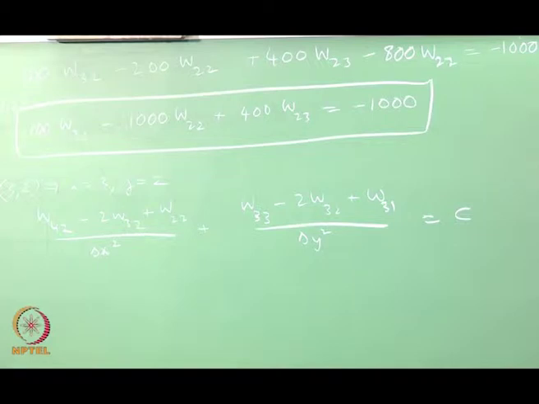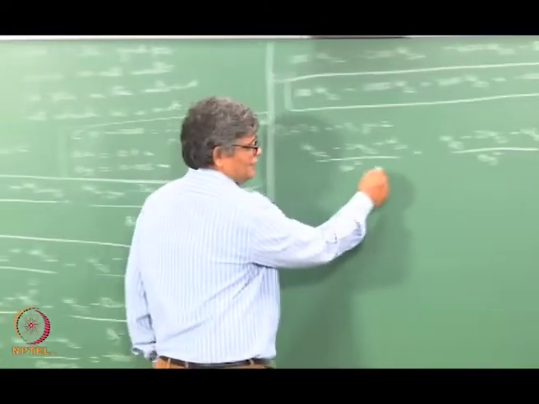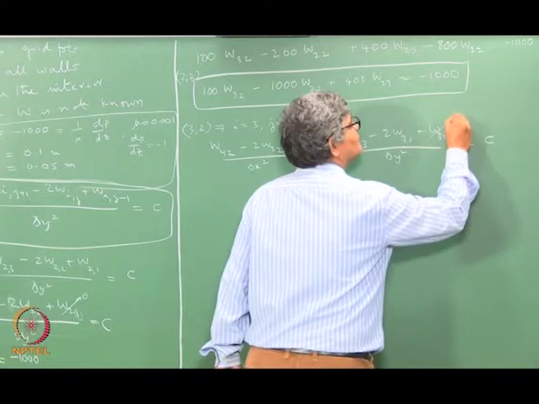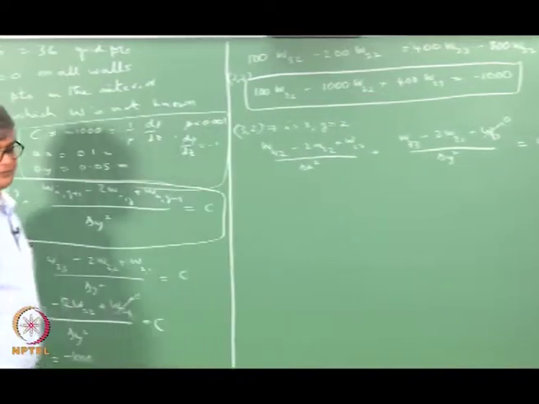Okay. And here again we try to substitute the known values of delta x and delta y, C, and this point which is on the boundary becomes 0.